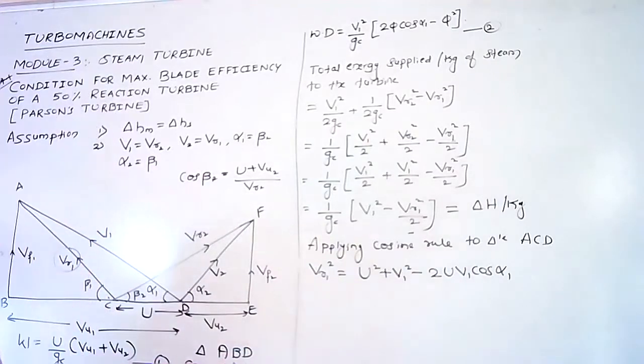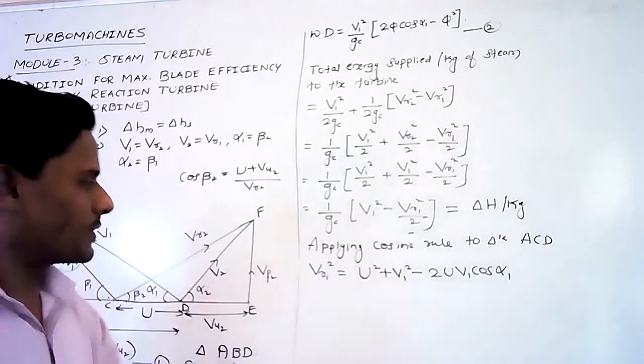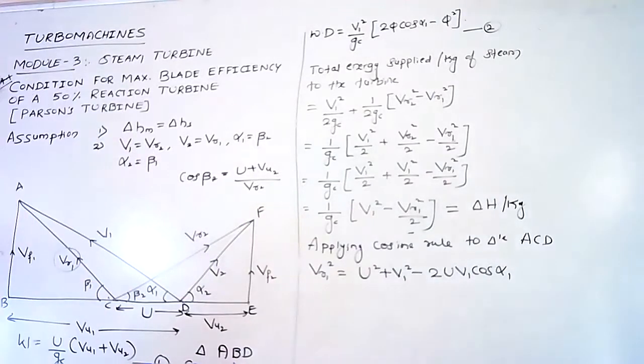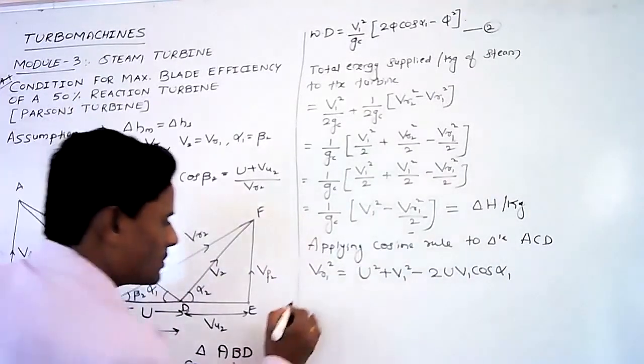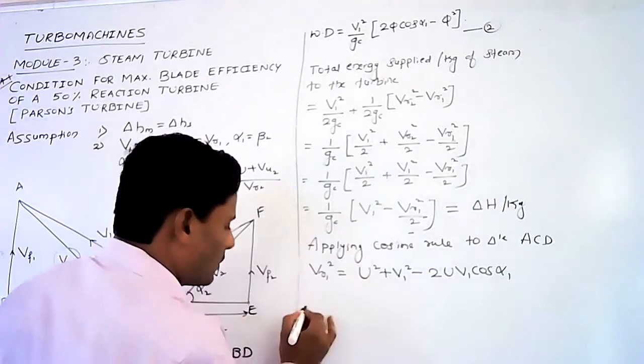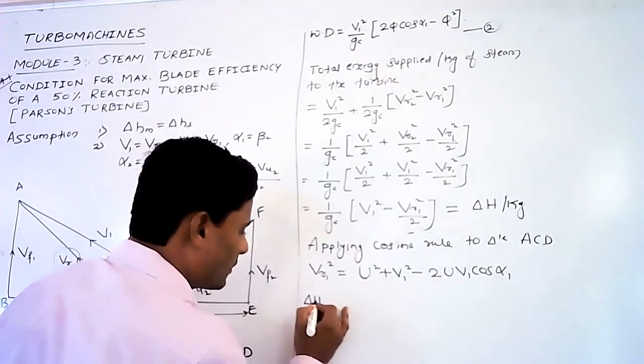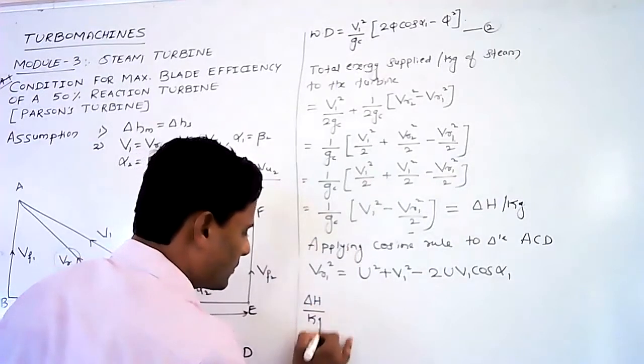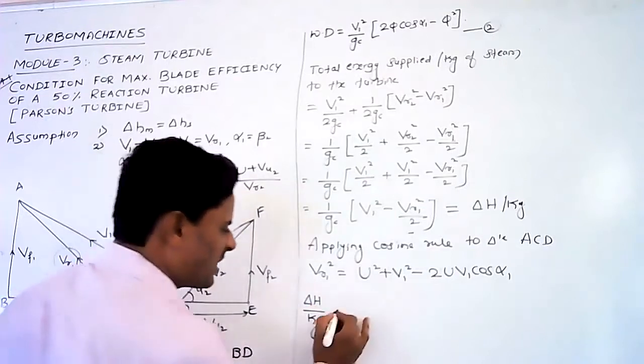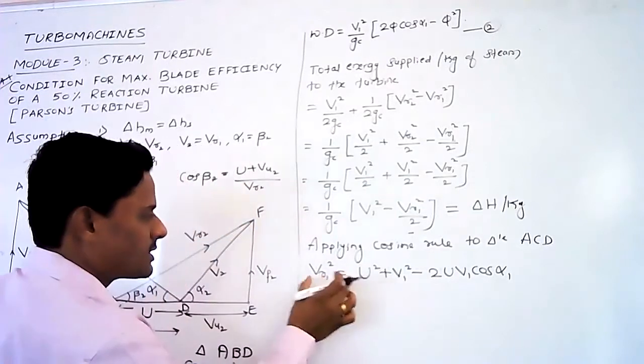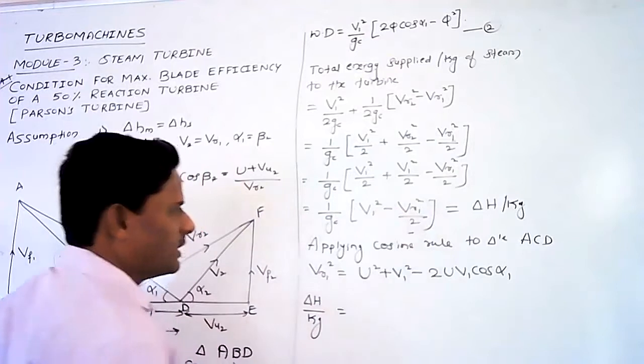in this equation. So what I can write? Here the total enthalpy drop per kg of steam is given by, so let us substitute VR1 in this equation.